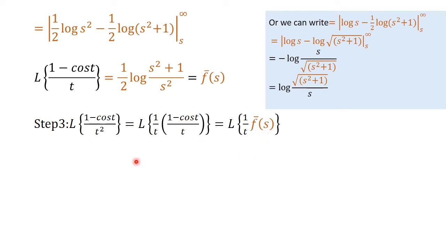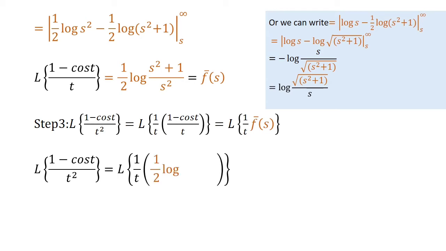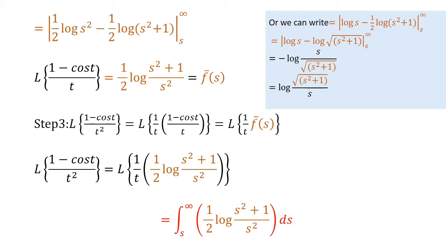So in the next step, the Laplace transform of (1 minus cos t) upon t square is the integral of half log of (s square plus 1) upon s square. Now using the division by t property, we integrate this expression with limit s to infinity, so s to infinity half log of (s square plus 1) upon s square ds. We simplify this expression in the next slide.